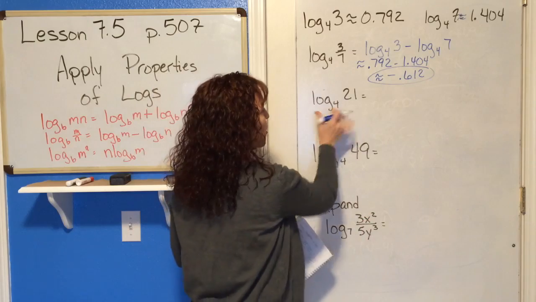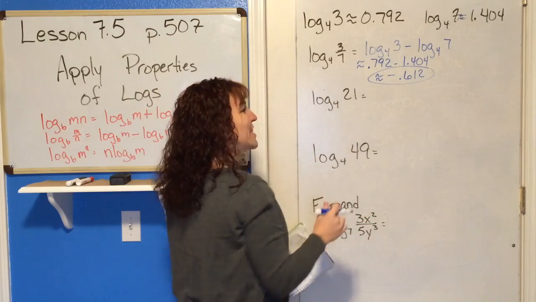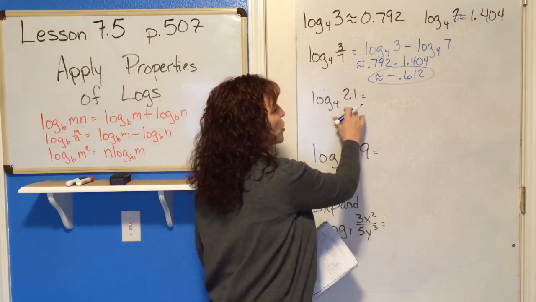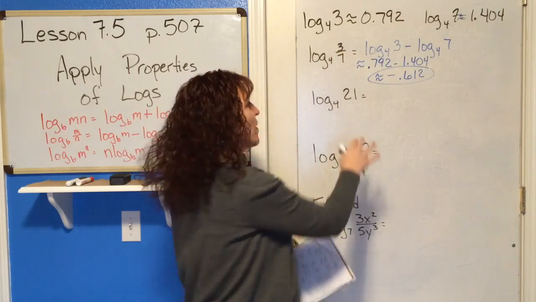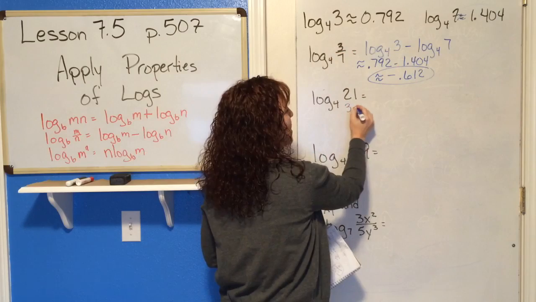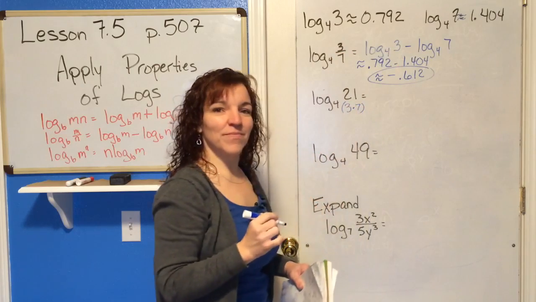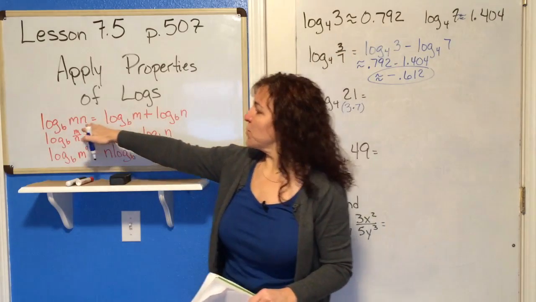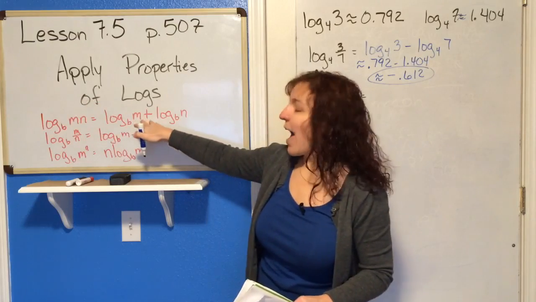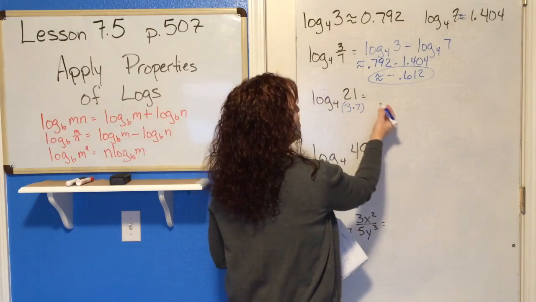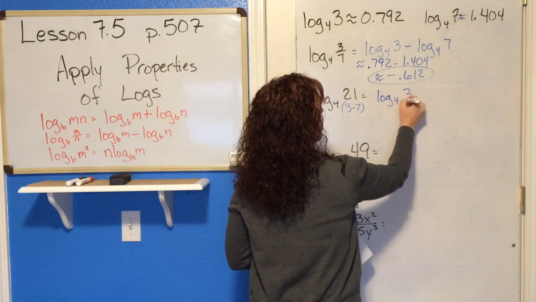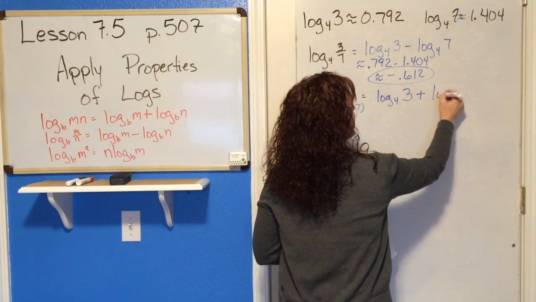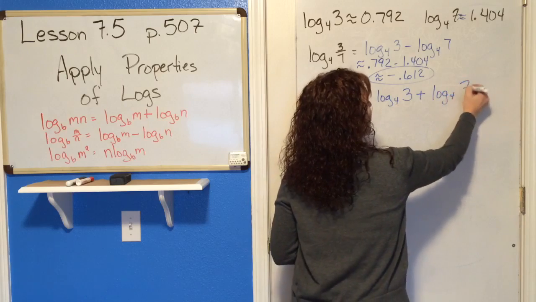Same type of thing here. The log base 4 of 21. Well, we don't know the log of 21, but we know the log of 3 and the log of 7. And I happen to know that 21 is 3 times 7. And so remember, if we multiply two numbers, we can add their logs. So this would be the same as log of 3 plus log of 7.